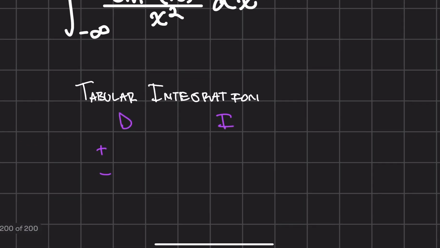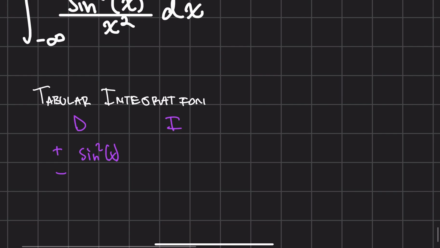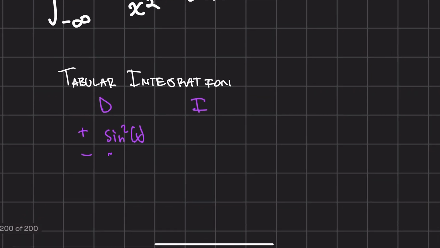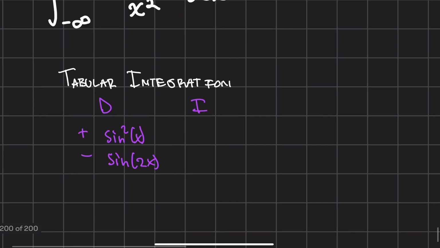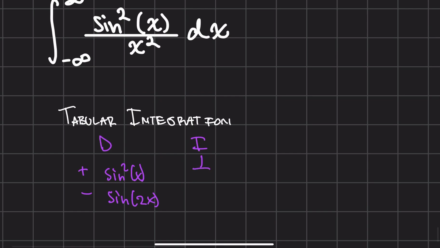Really, I have no choice but to choose this sine squared x, because integrating that will be hell. So I'm going to differentiate sine squared, and when I differentiate it, I'll get sine 2x.